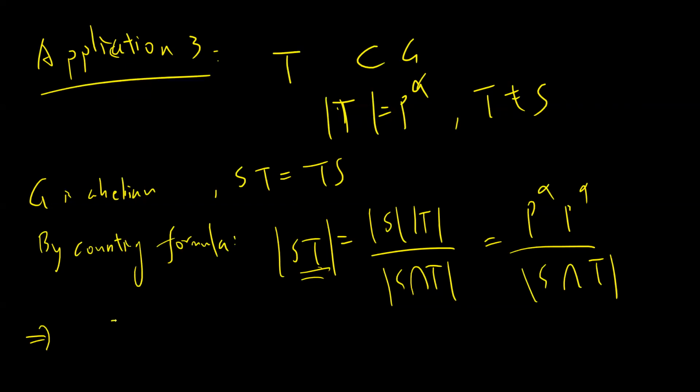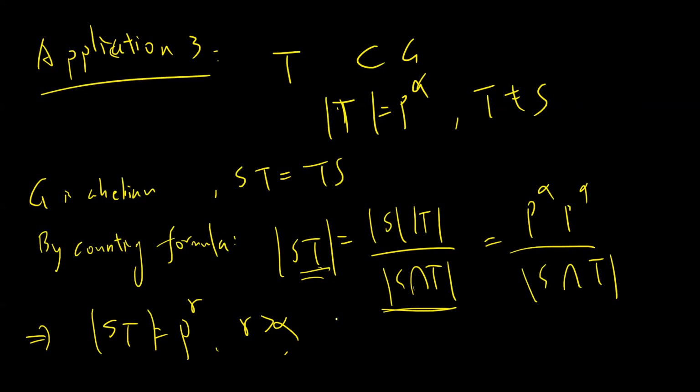So ST must be P to the gamma, with gamma greater than alpha, because S and T are different, so their intersection must be less than P to the alpha. So now you conclude that the order of ST is P to the gamma, with gamma greater than alpha.